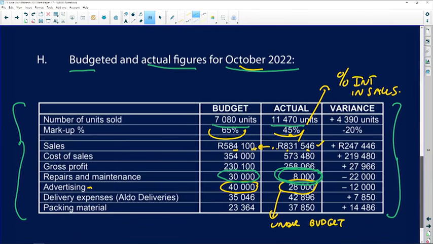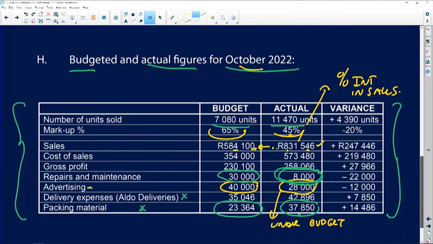So we're looking at delivery expense and packing material. I'm going to start off by looking at packing material because I think that's way easier. Clearly we can see more was spent. We budgeted 23,364, but your actual payment was 37,850.